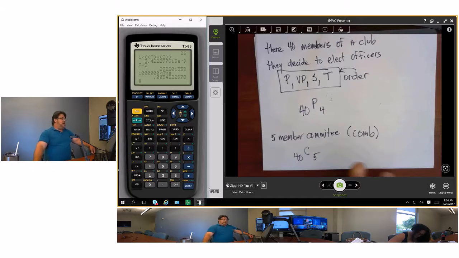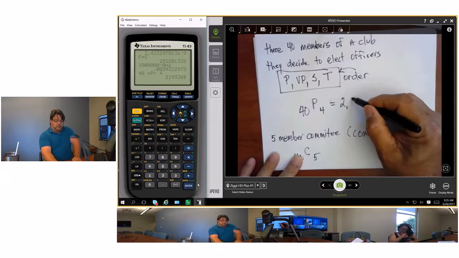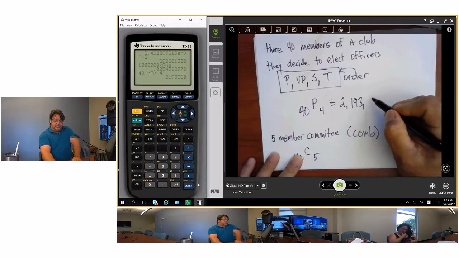So you'd go to your handy dandy calculator and you would type in 40 math, probability, nPr, and 4. 2,193,360 permutations.